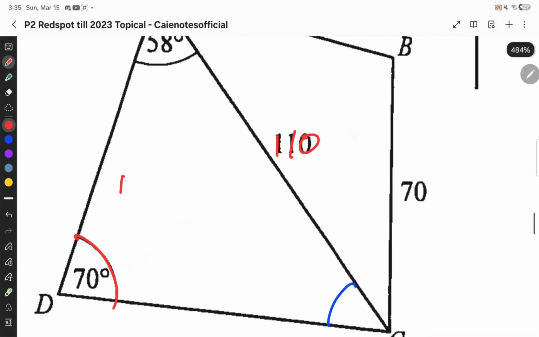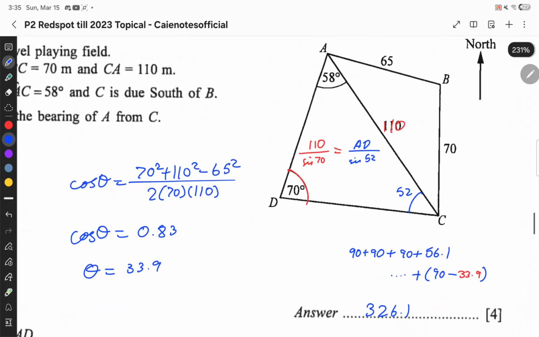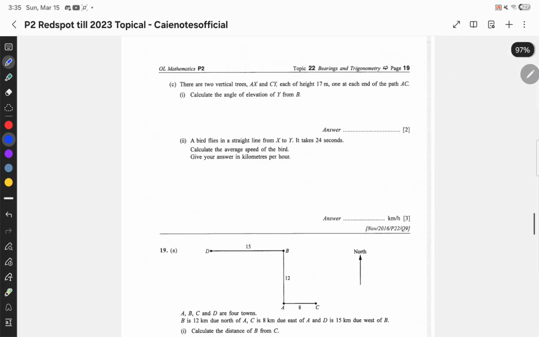So we do 110 over sine of 70 is equal to AD over sine of our completed angle, which is 180 minus 70 minus 58, which equals 52, sine of 52, and we find AD like that, very easy.